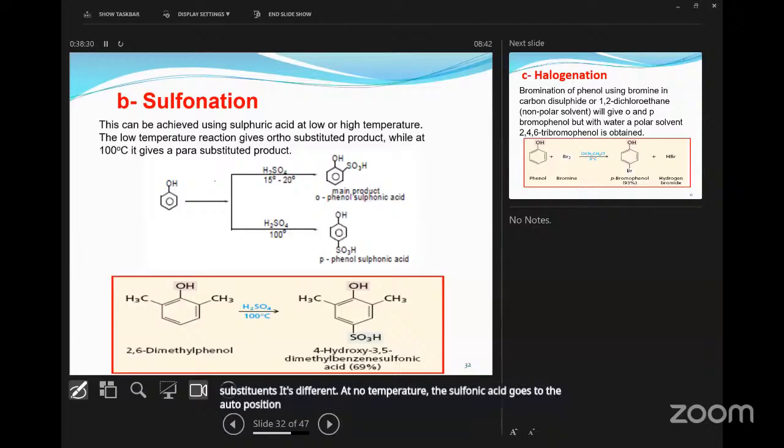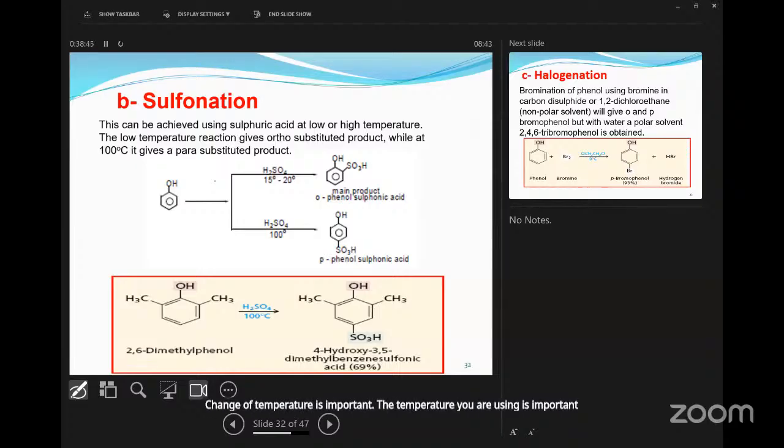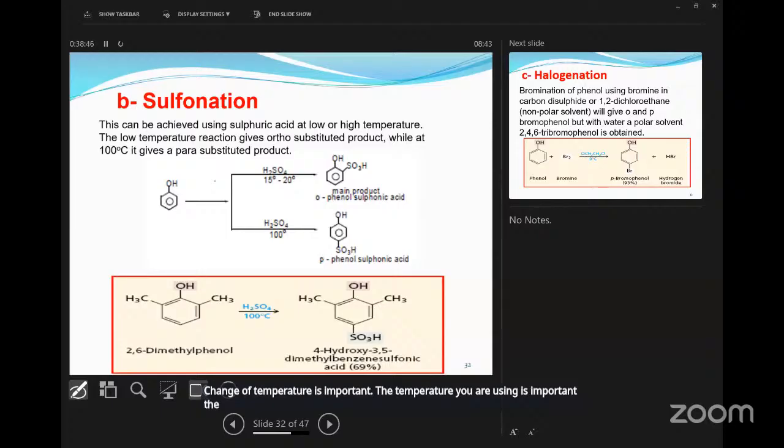At very high temperature, it goes to the para position. So you can see that reaction in organic chemistry, or chemistry generally, is defined by so many parameters. A change of temperature is important. The concentration or dilution of the reagents you are using is also important because it can change the mode of the reaction, whether you are using dilute, mild, or concentrated.